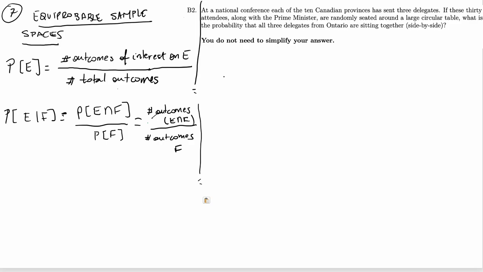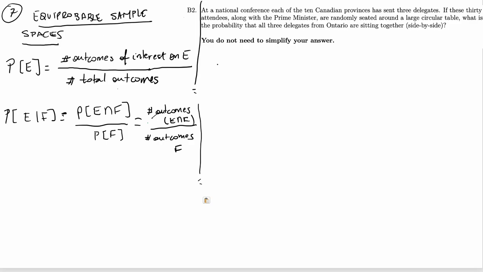You have 30 delegates, 10 provinces times 3, and the Prime Minister. So you have 31 people to sit around a table. When you hear seat around something, if it's a circular thing, your brain should raise a red flag on circular permutation, which is content from midterm 1.